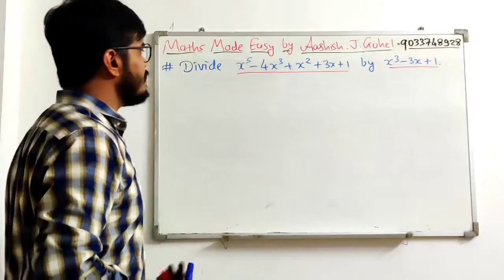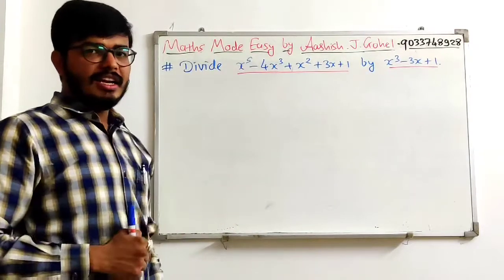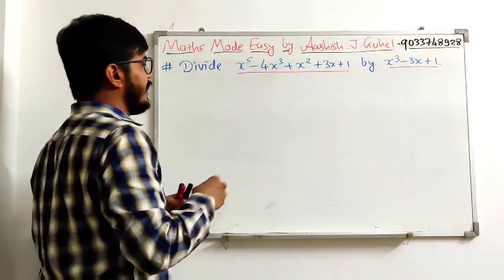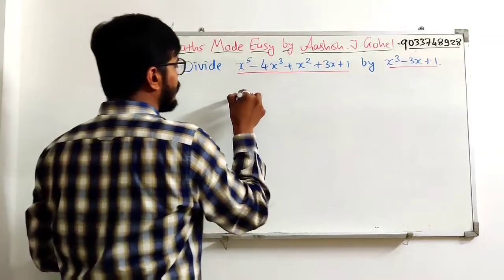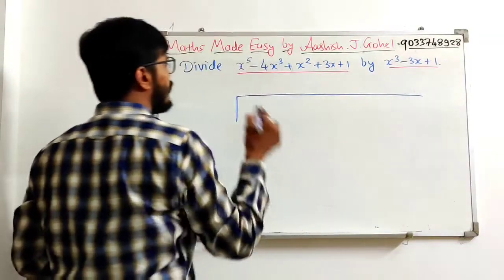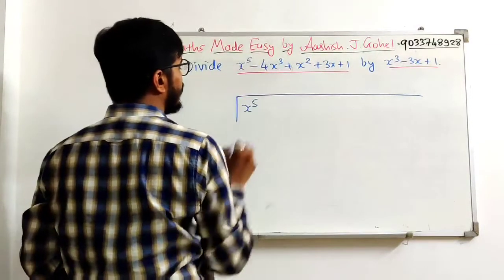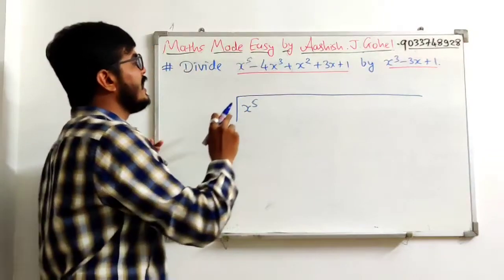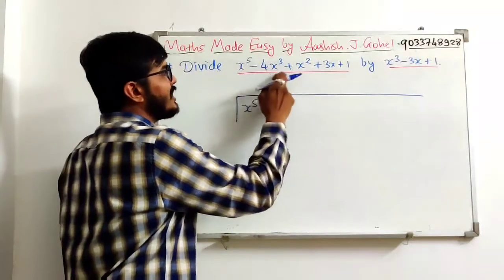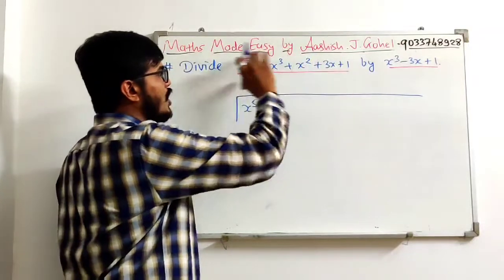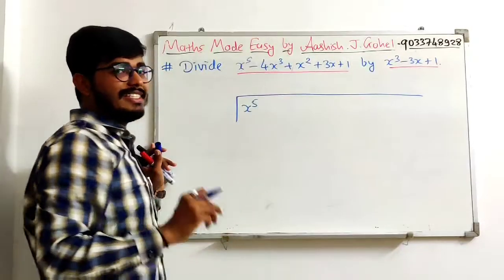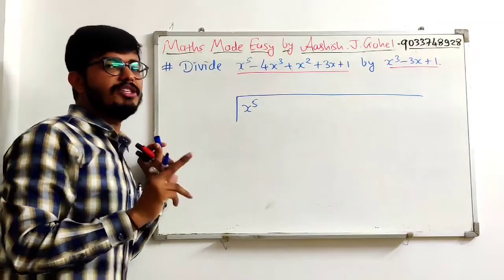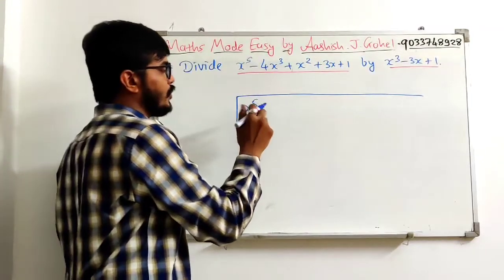This is the second example of the division of polynomial. Now here if we want to divide this polynomial, then we will write like this: x raised to 5. Now if you observe this polynomial, here x raised to 5, 4x cube, x square, 3x, 1. So all the powers of x are in descending order, but one term is missing, and that is x raised to 4.